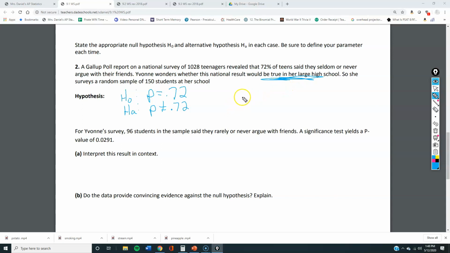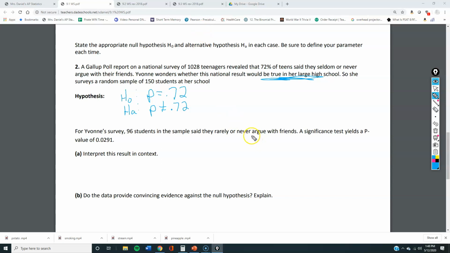So Yvonne samples 96 students and gets a p-value of 0.0291. Interpret in context. So this is a verbal answer, and I'm going to try to do the best I can.